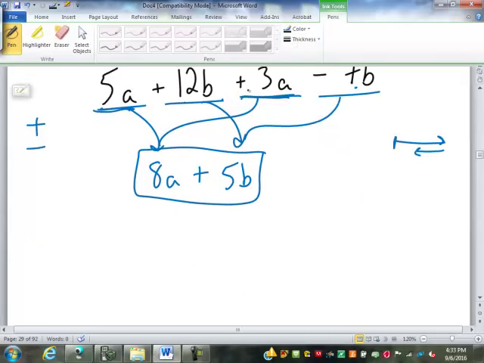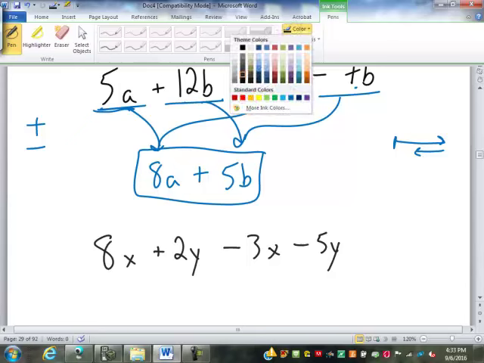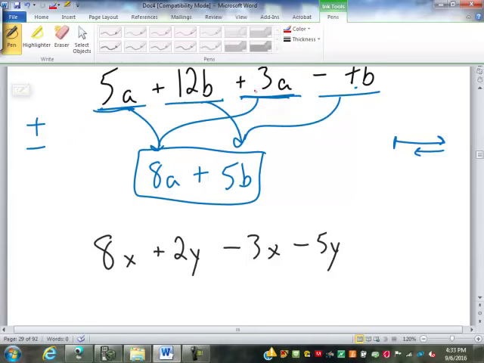If I have something like this, 8x plus 2y minus 3x minus 5y, what can I combine here? 8x and not 3, but negative 3, right?